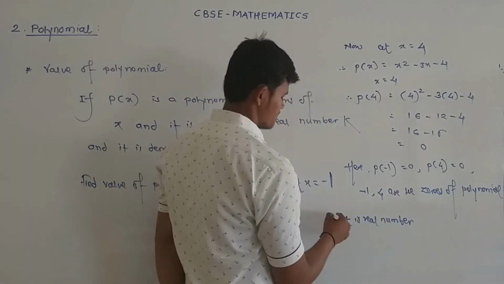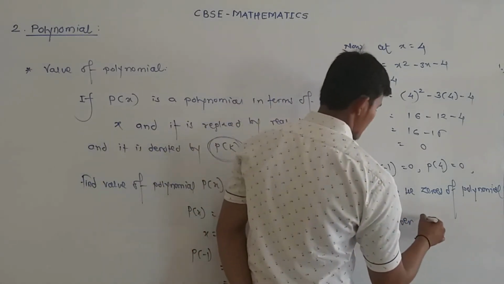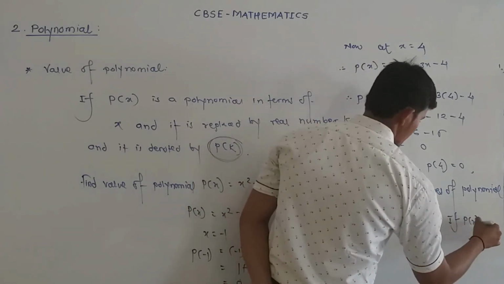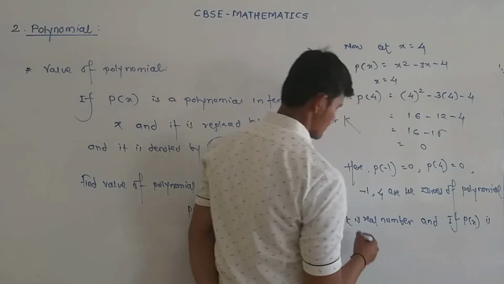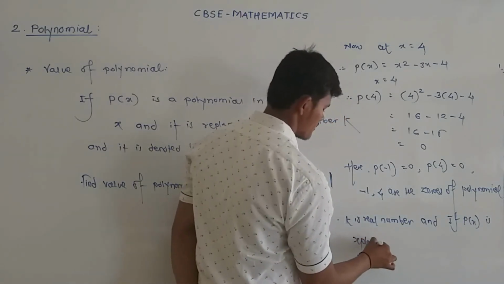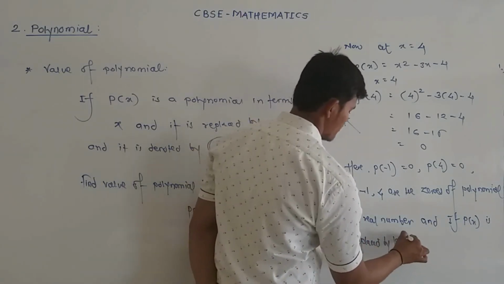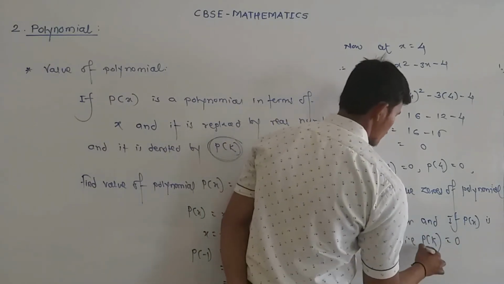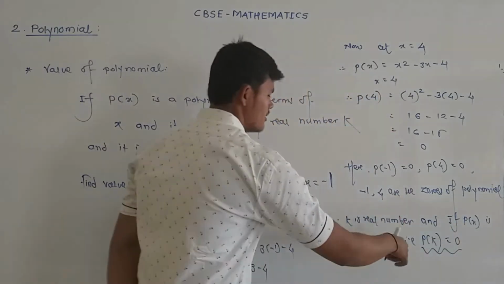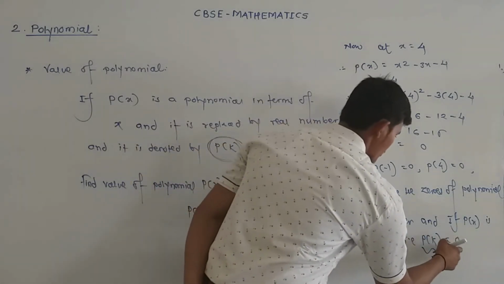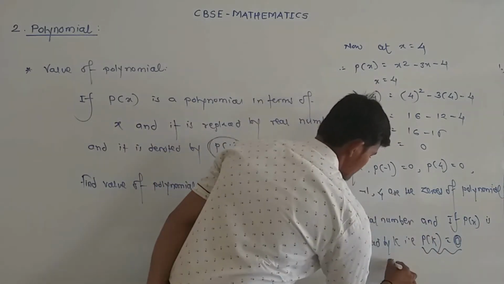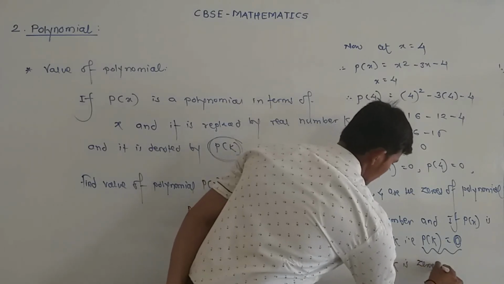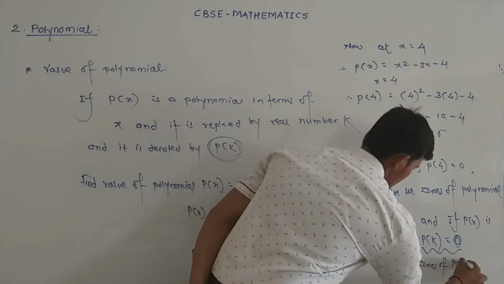In general, k is a real number, and if p of x is replaced by k, that means p of k is equal to 0. That means if the value of the polynomial is 0, then k is a zero of the polynomial.